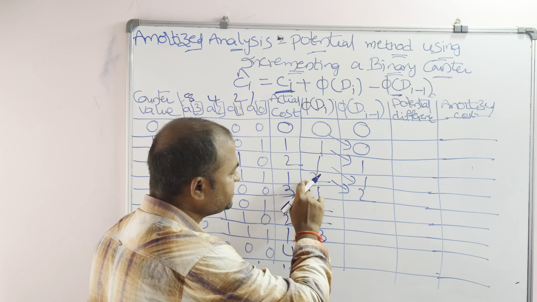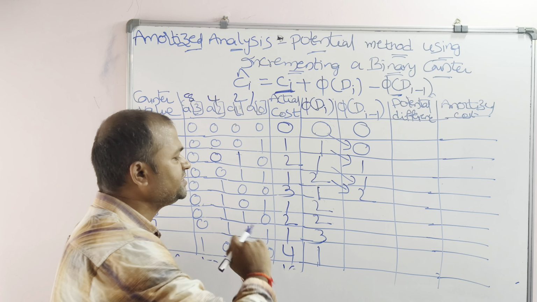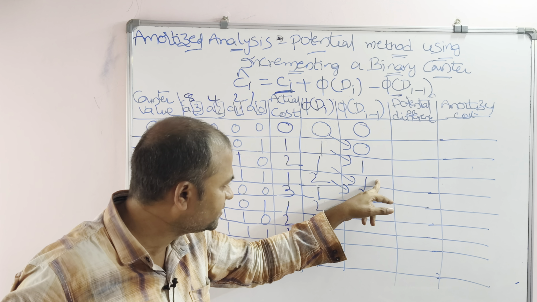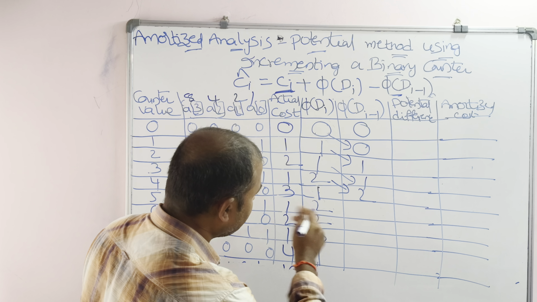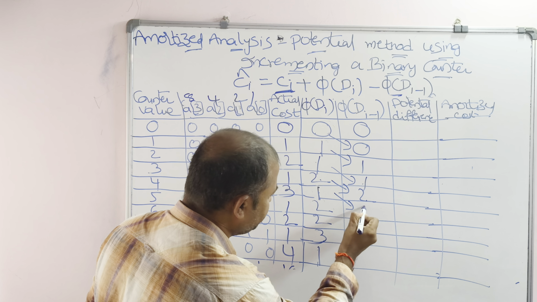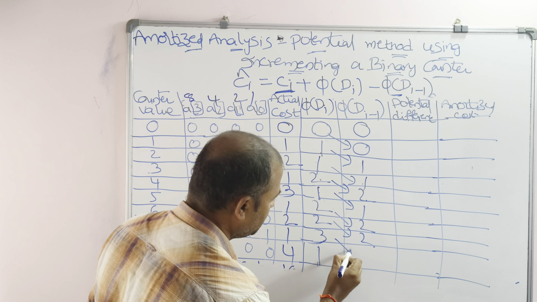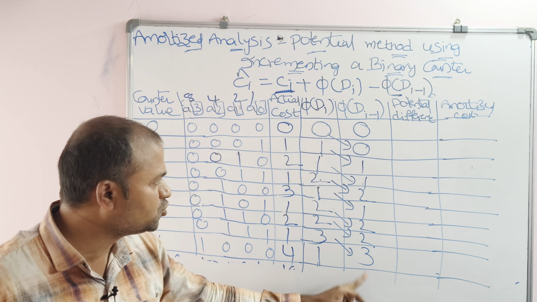This 2 specifies before counting number of ones, the result is 2. After counting number of ones, the result is 2. So before counting, the result is 1. After counting, the result is 2. Next, copy this one, copy this 2, next copy this one, next copy this 2, next copy this 2, copy this 3. After this we don't have any other number, so there is no need to copy this one.